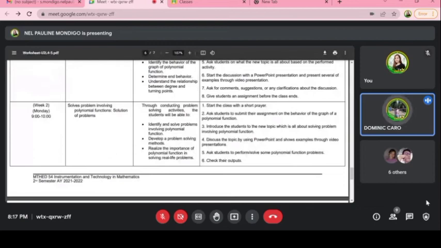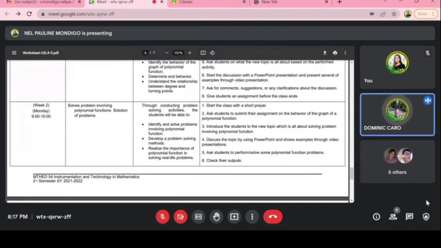The specific daily learning outcome for that is, through conducting problem solving activities, the student will be able to solve problems involving polynomial function, develop a problem solving method, and realize the importance of polynomial functions in solving real life problems.